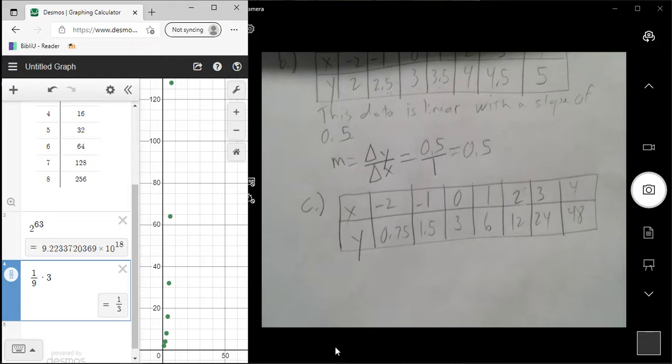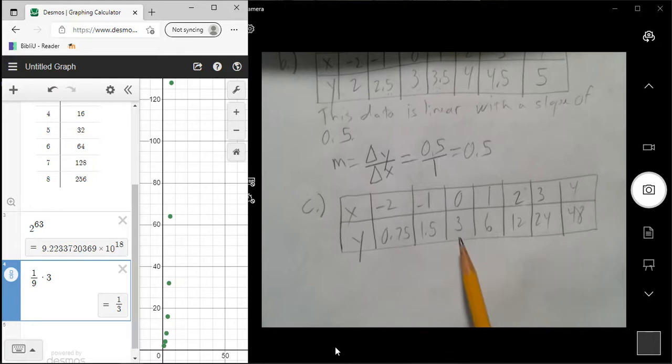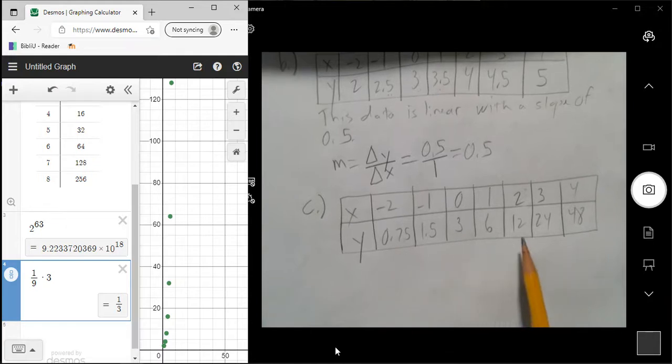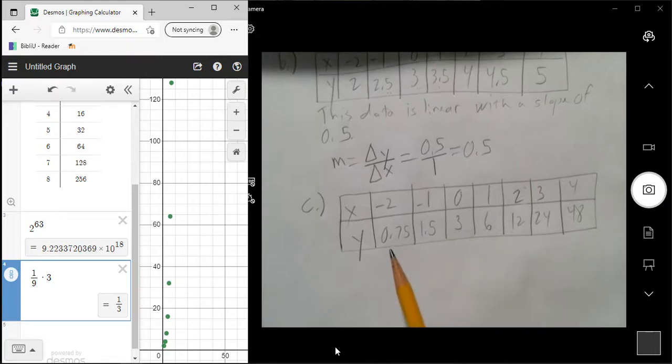So linear does not work. So now we do the exponential. We have to do this by multiplication. I will start with these numbers here and then work my way back. To go from 3 to 6, we'll multiply 3 times 2 is 6, then 6 times 2 is 12, 12 times 2 is 24, and 24 times 2 is 48. Now I'll go back here because we're supposed to be multiplying by 2.